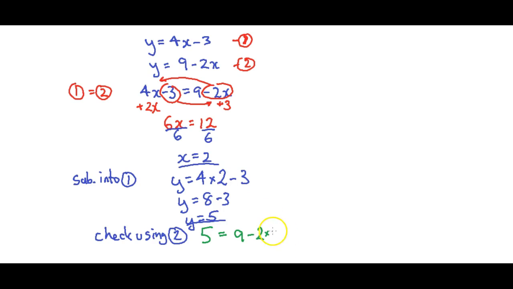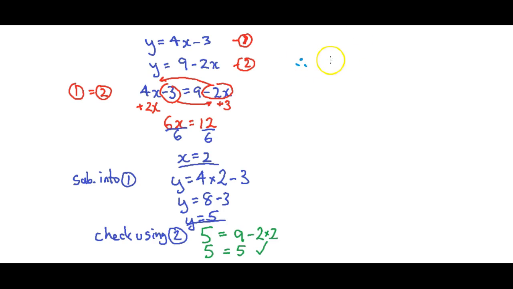Now x I thought was 2, and you can see that 9 minus 2 times 2, 2 times 2 is 4, and 9 minus 4 is 5. So it checks.